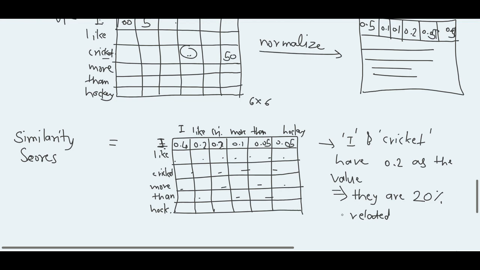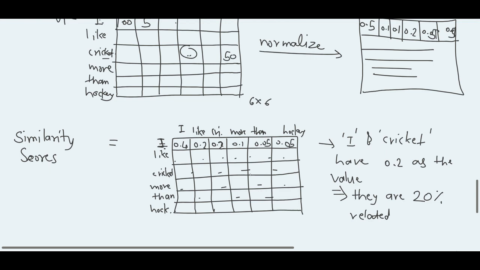I and the word more are maybe 10% related. I and than, these two words are 5% related, and similarly for the others, I'm telling it randomly. So that is what it means. You can imagine these scores as the percentage of their similarity, right?